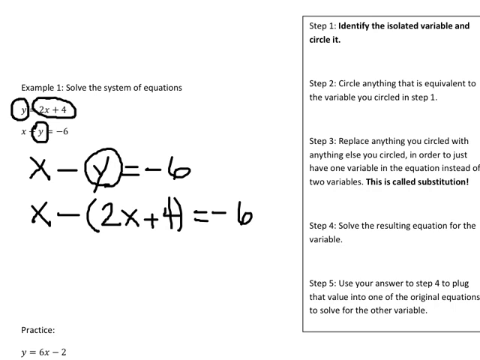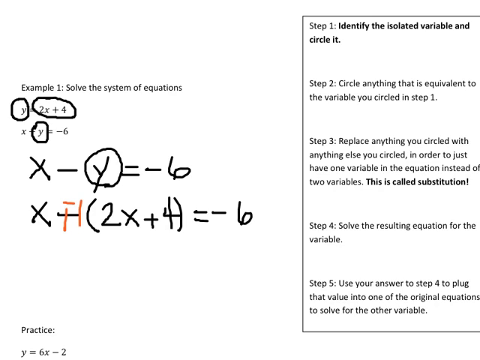Now, if I remember from earlier this year, I have a minus sign in front of parentheses, so I have to distribute the minus sign to both things. I'm going to keep add opposite, so I'm going to change that to be plus. Right here, I'm going to change it to be a plus a negative 1 in front.